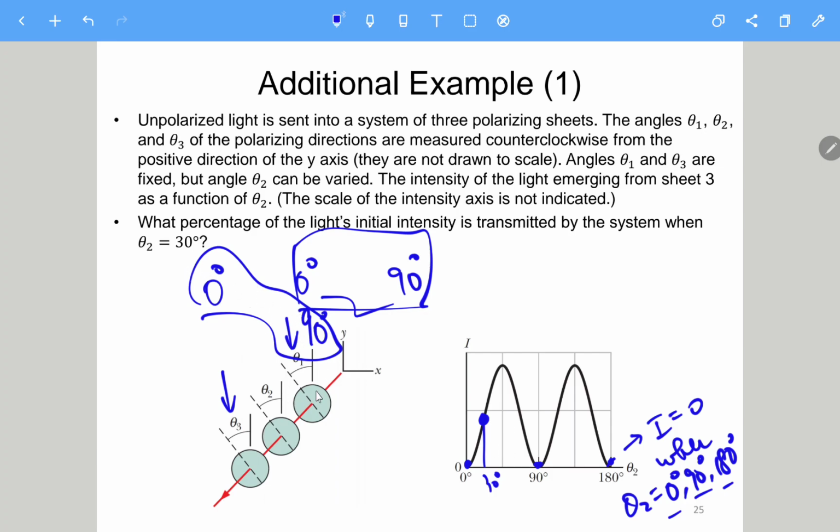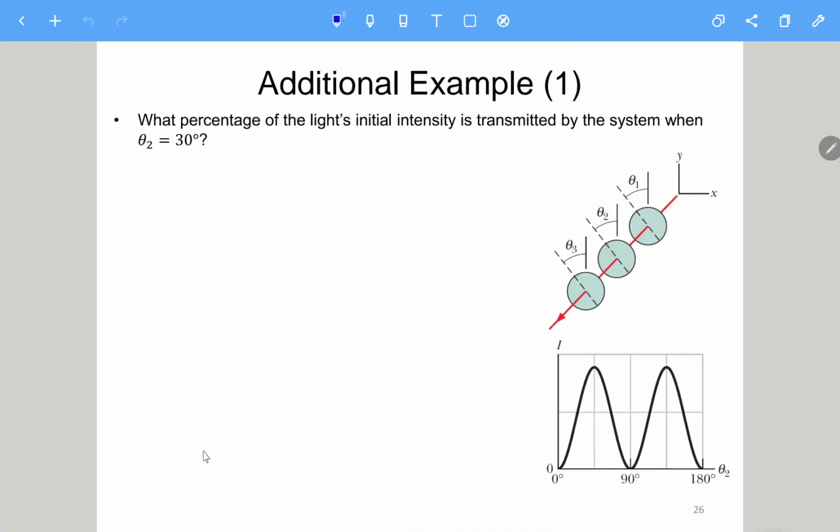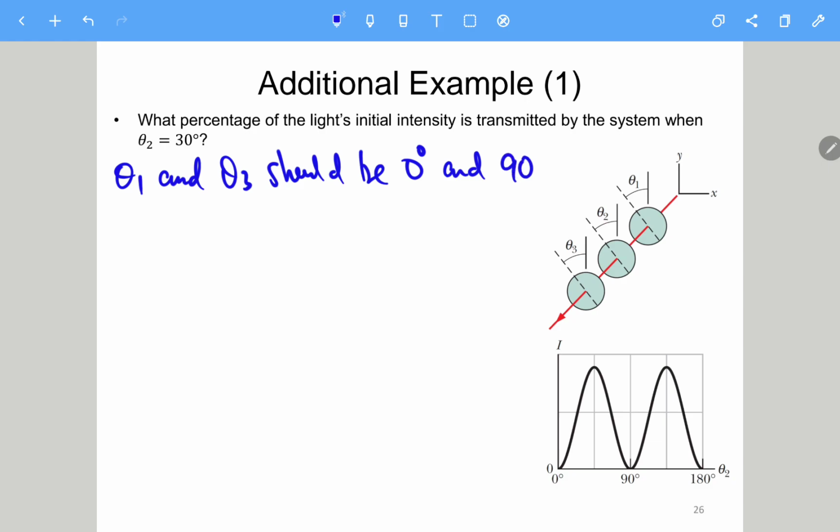Which means that theta 1 and theta 3 should be 0 degrees and 90 degrees, because I equals 0 at 0 degrees, 90 degrees, and 180 degrees.